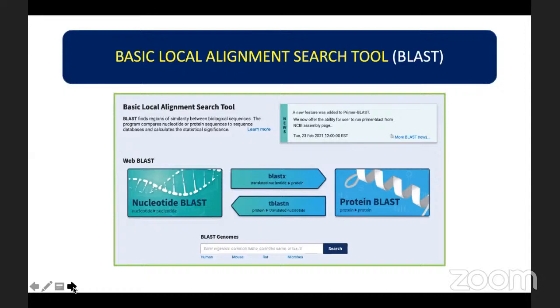BLAST is a computer algorithm available for use online at the National Center for Biotechnology Information, or NCBI, website. This bioinformatics pipeline has connected biology, genetics, and computer science to further advance our knowledge in molecular analysis of DNA sequence and protein sequence.